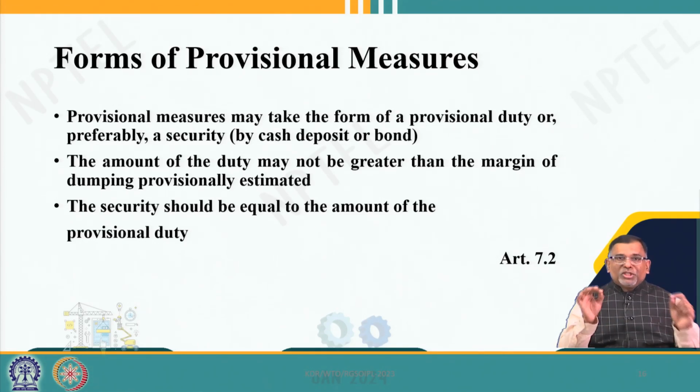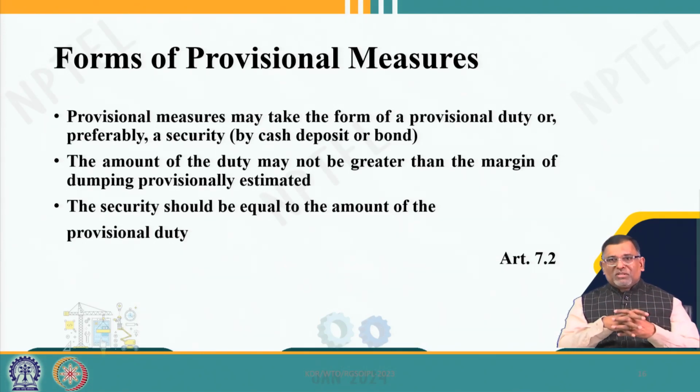The provisional duty should be calculated, and these provisional measures, for example the cash deposit, should be equal to the provisional duty. So, you cannot charge huge amounts; you can only ask for an amount equal to the provisional duty to be deposited by cash, bond, or other depository receipts with the authorities.